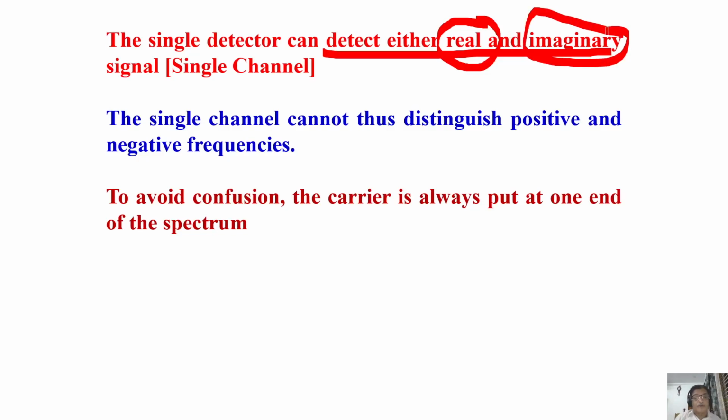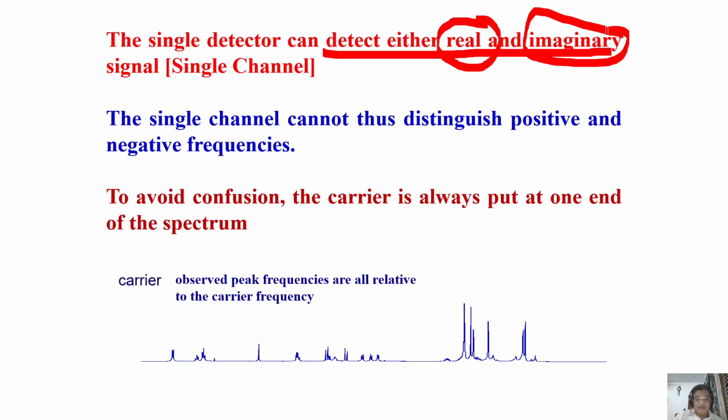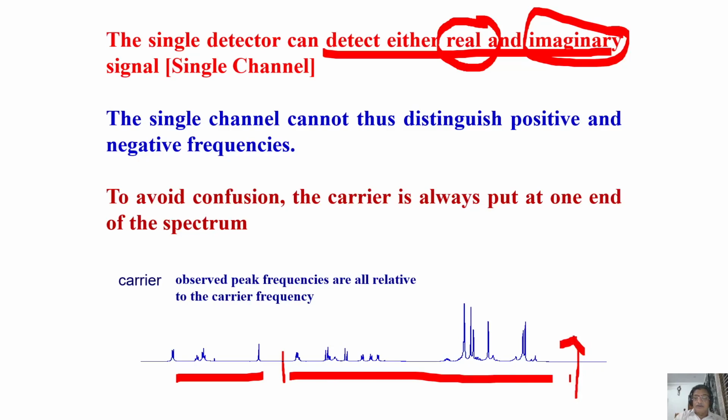It cannot detect both. In which case, if my carrier is somewhere here, I cannot distinguish whether it is a positive or negative frequency. I cannot differentiate at all. Even if I put it at one end, I can get only one sign, either positive or negative.